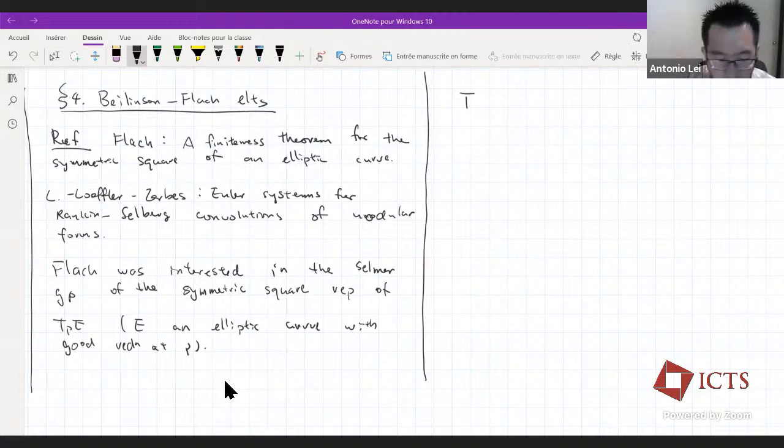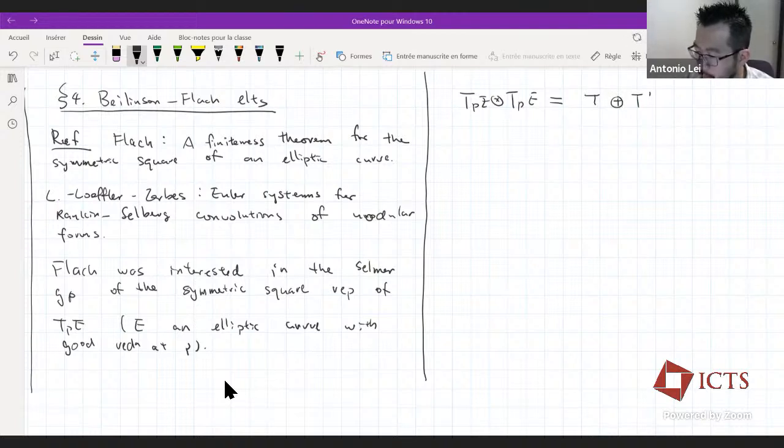In other words, if you look at the tensor product of the Tate module with itself, it decomposes into the symmetric square and the alternating square. This will be of rank 3, and this will be of rank 1.